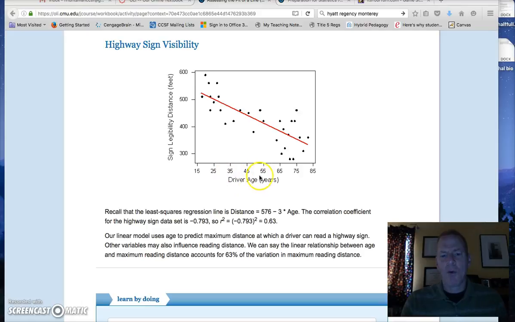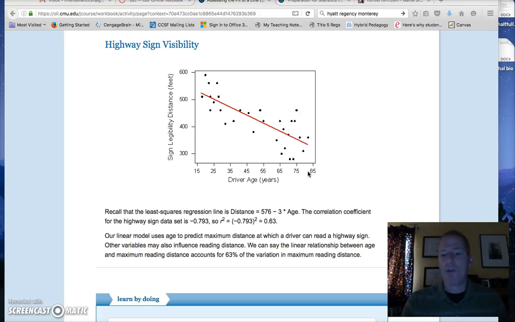Another way of talking about that is that as you get older, about 63% of the effect in reduced distance, reduced seeing, is due to your age. Now, that means there's another 37% left over, and that's caused by something else.